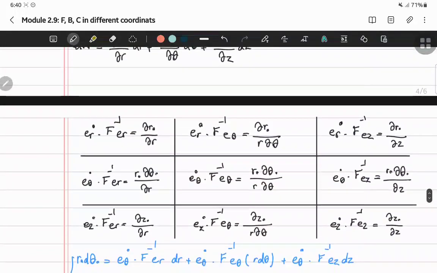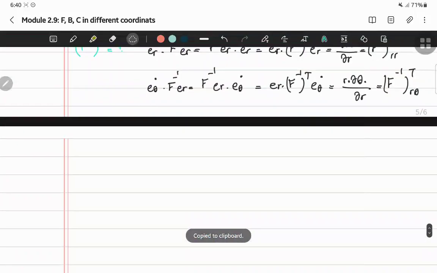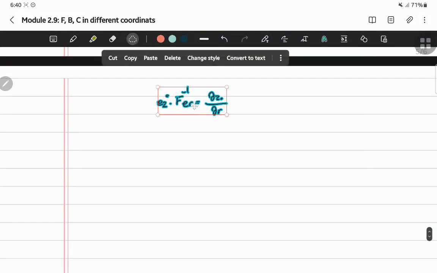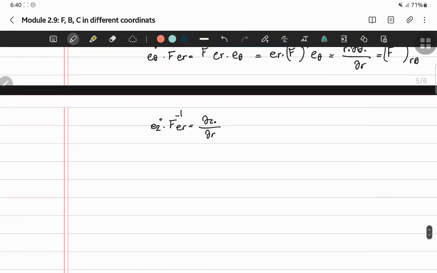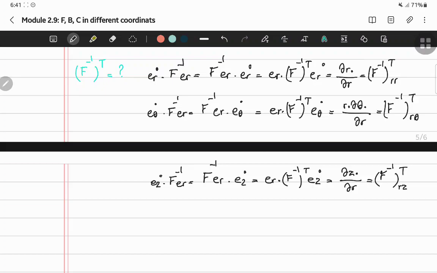So next, I copy and paste this in here. Okay, so I can write F inverse ER dot EZ0 is equal to ER dot F inverse transpose EZ0, so this is the partial derivative of Z0 with respect to R. So this is F inverse transpose RZ.